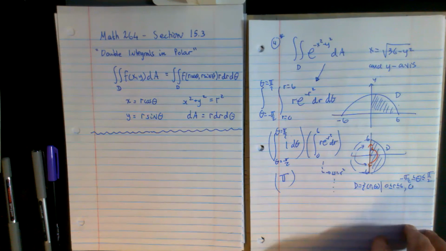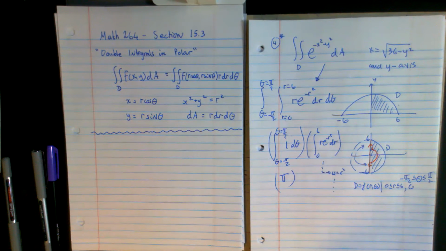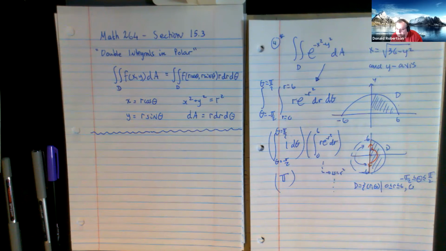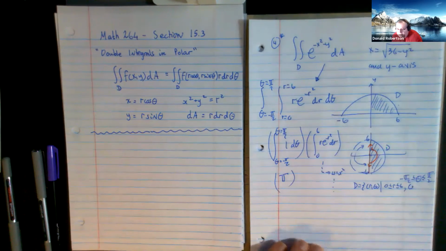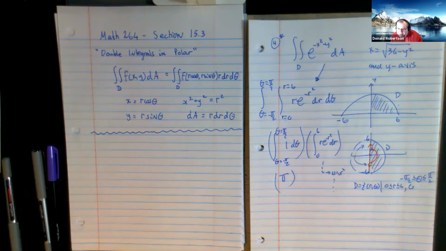Would the u sub be negative r squared or r squared? It doesn't matter, both work. If you feel more comfortable, we can make it negative r squared, but r squared will work. That's cosmetic, but I guess minus r squared might look slightly nicer. If I'd thought about it, I would have chosen that one.